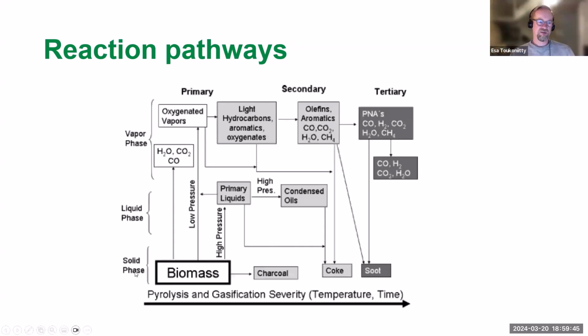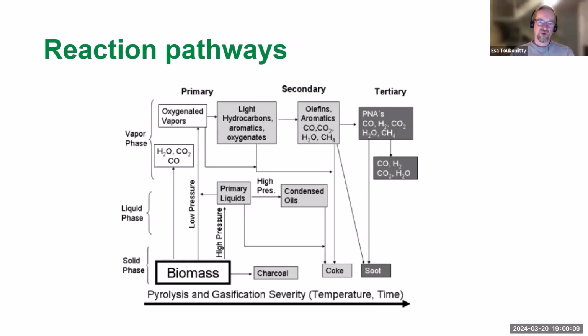And the y-axis here also illustrates that you can obtain gaseous products, liquid products, and solid products by just tuning how you operate the reactor, the temperature, residence time, and so on.